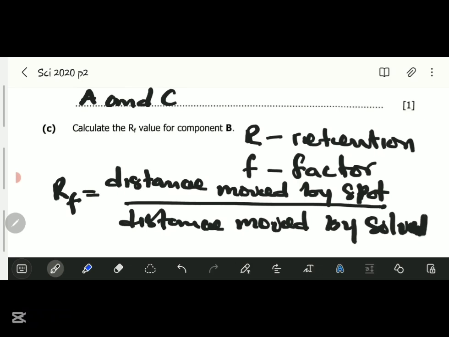So that is the formula for calculating the RF value.